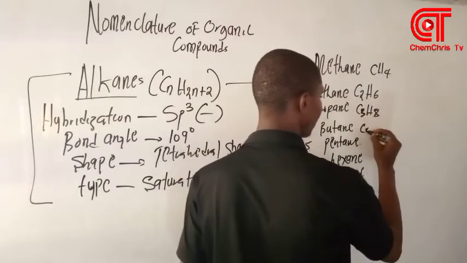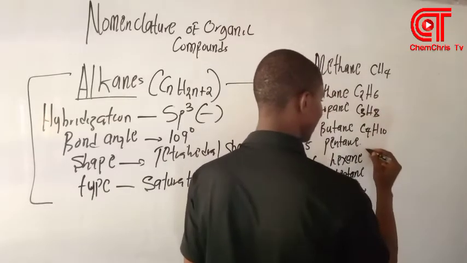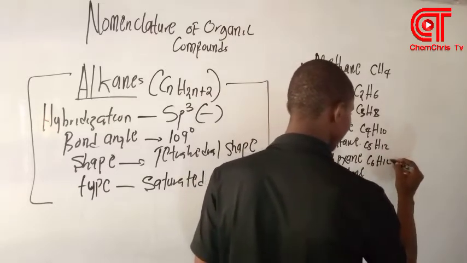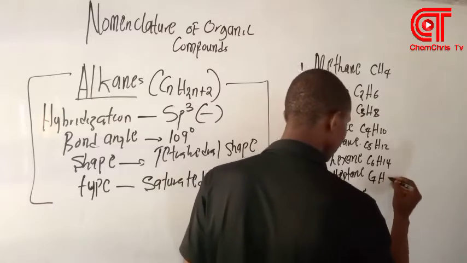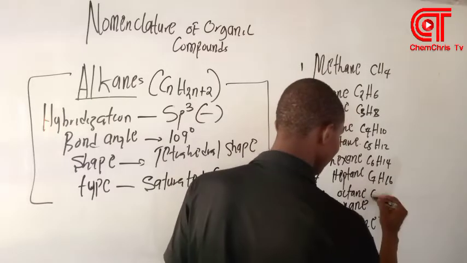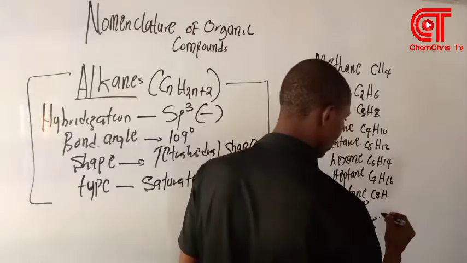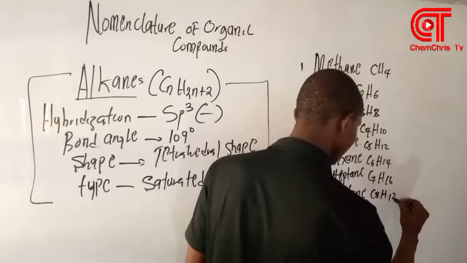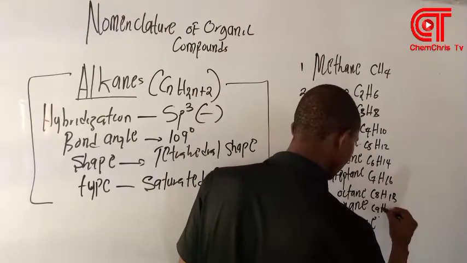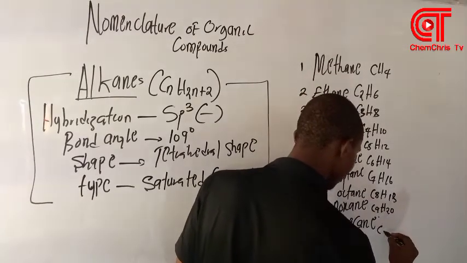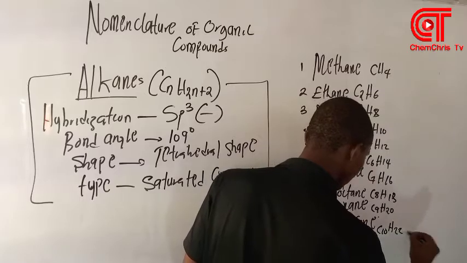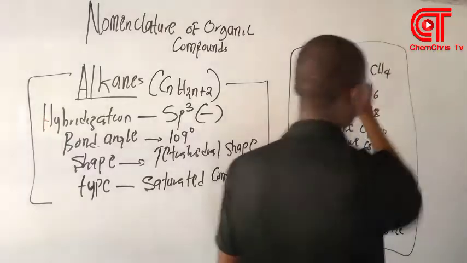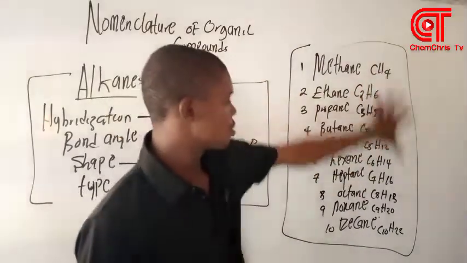Here we have C4H10. Here we have C5H12. Here we have C6H14. Here we have C7H16. Here we have C8H18. Here we have C9H20. And here we have C10H22. So this is the first thing you want to know: the first 10 members of the alkane family.